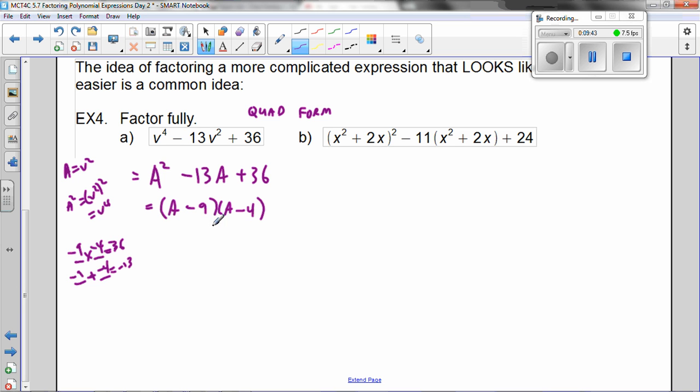You say, well, hang on, you're not done. We started with v. You just put a in as a placeholder. Well, let's put v back in then. a is the same as v squared, so put v back in. And now you see I got two sets of differences of squares. This one factors into v minus 3, v plus 3.